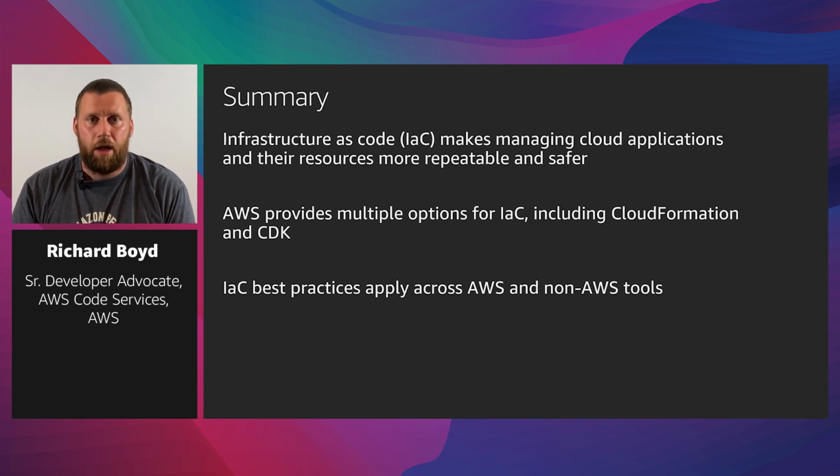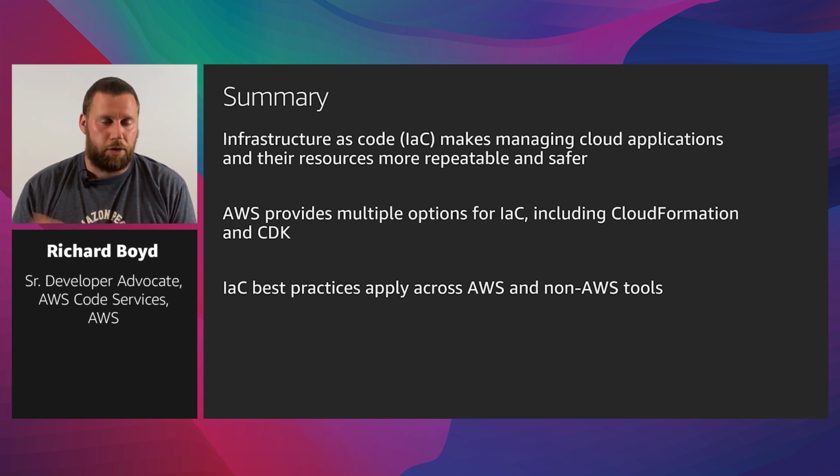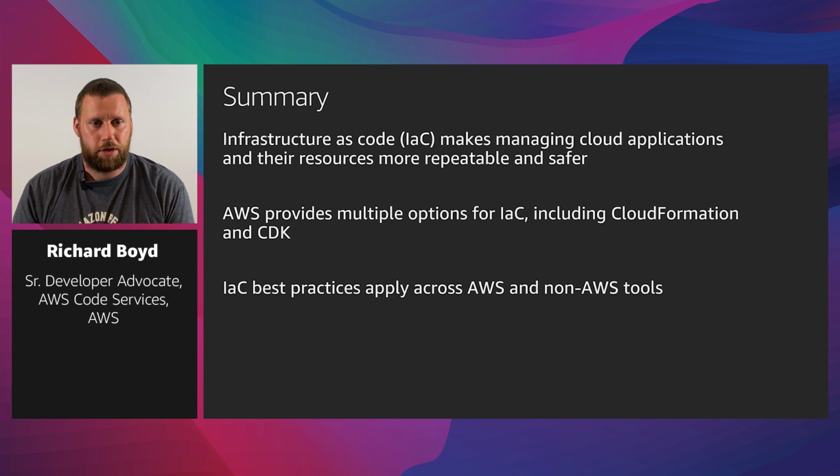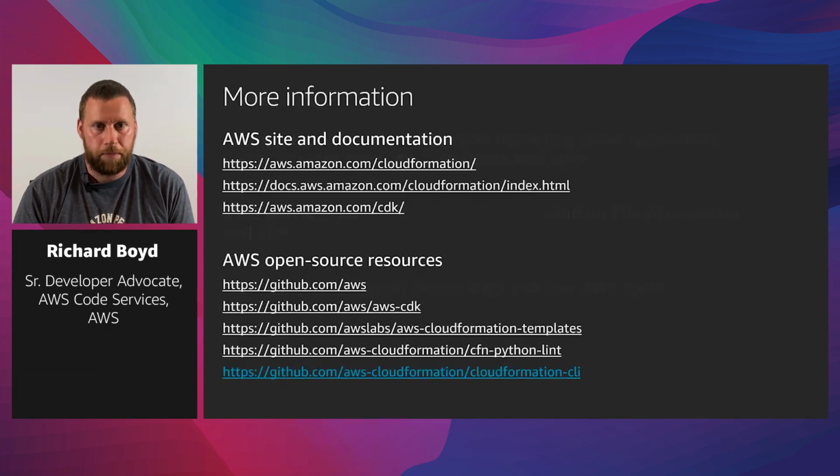CFN-Lint is a tool that, although we created it and it's open source, it's not an AWS product. Anyone can contribute to it. There are other tools that interact with the CloudFormation service or interact with our services that also provide infrastructure as code. CloudFormation just happens to be the tool that we provide and that we think really hits the mark for what customers are looking for.